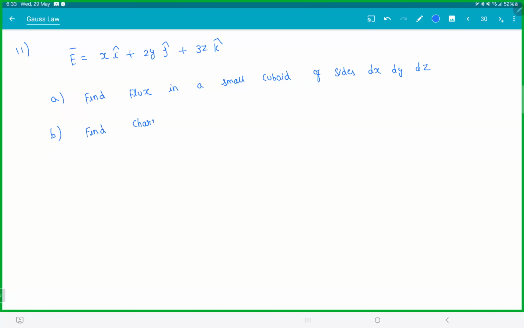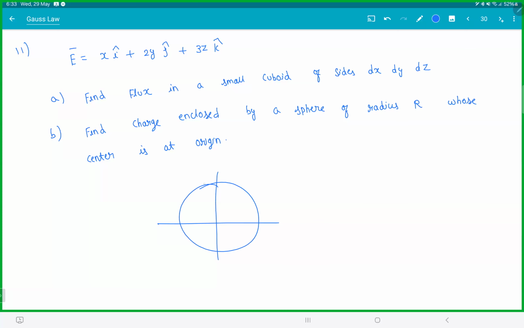Now this field is not uniform, meaning the entire region must be filled with some charges. So if you take a sphere at the center, the field lines are going in random directions. How much charge is inside that sphere?